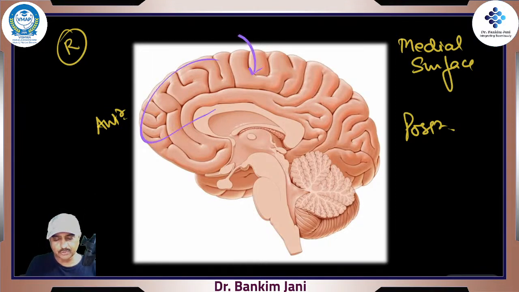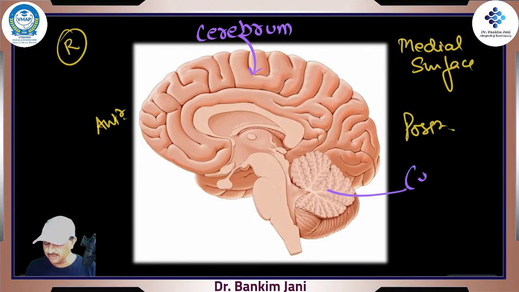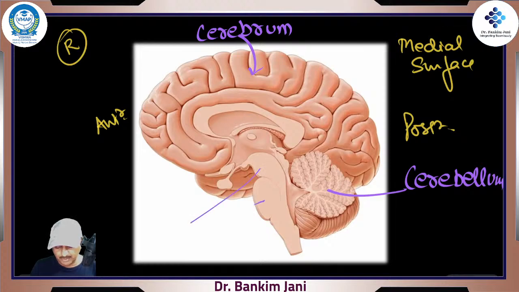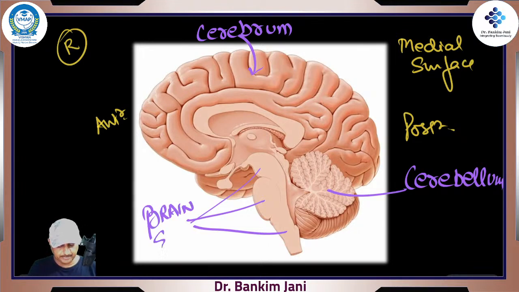This top portion is the cerebrum. Very easy to figure out. Similarly, this would be the cerebellum. And combined together, the midbrain, pons and the medulla oblongata, that is what we call the brain stem.